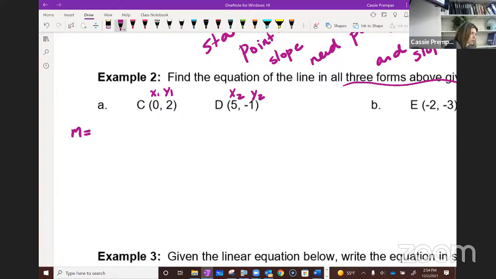We would take y2 minus y1 over x2 minus x1. And I plug it in. So I would have -1 minus 2 over 5 minus 0. What's -1 minus 2? -3. And I have 5 as my denominator.